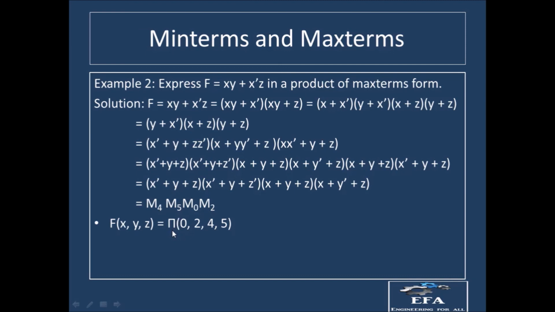Wherever there is a pi, it means we are talking about the POS type of the expression. Rearranging these numbers, we have 0, 2, 4 and 5, right? So this is the POS type of expression that can be derived from this term. In this way we can express expressions in the product of max terms form.